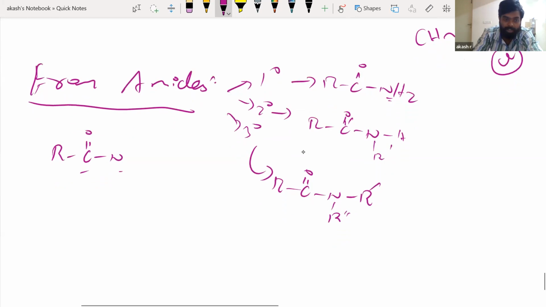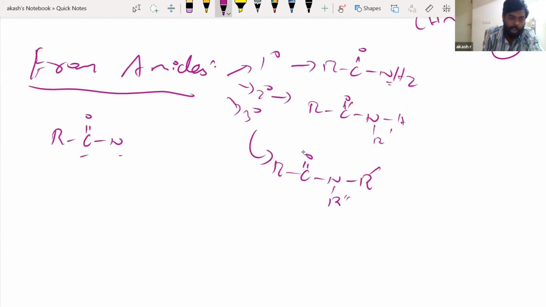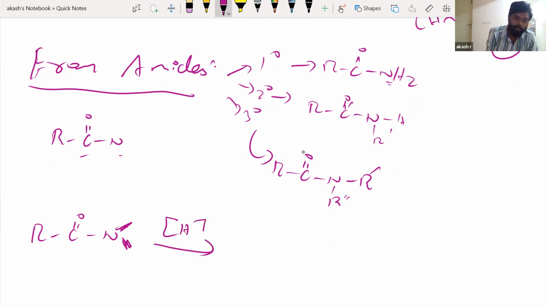Now, how can you produce amines from amides? That's very simple. All that you have to understand is, in general, this bond and this bond can be hydrogen or any other alkyl group, doesn't matter. If I go for reduction, this symbol always represents the reduction process.